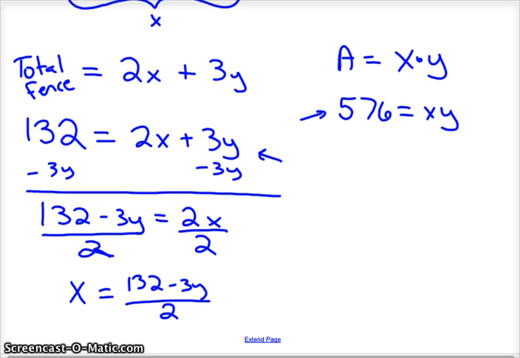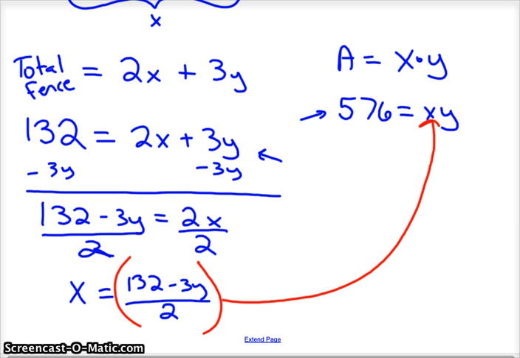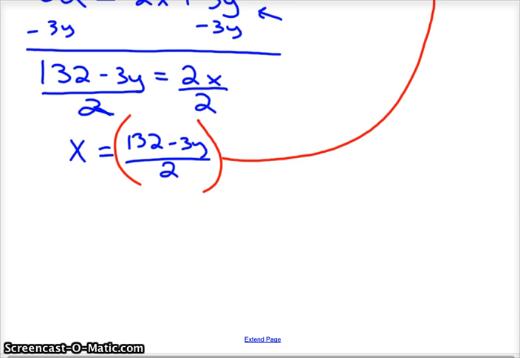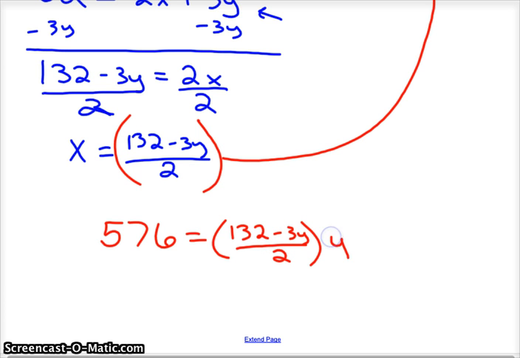And just like we've done in past problems, we're going to take this 132 minus 3Y divided by 2 and plug it in for the X in the other equation. So now we'd have 576 equals 132 minus 3Y divided by 2, times Y.